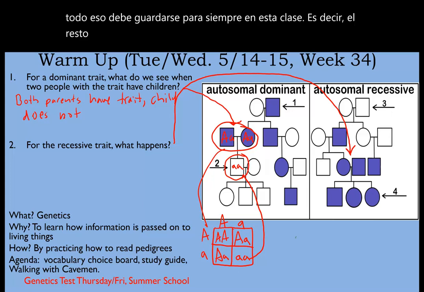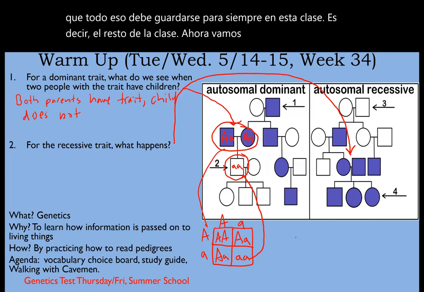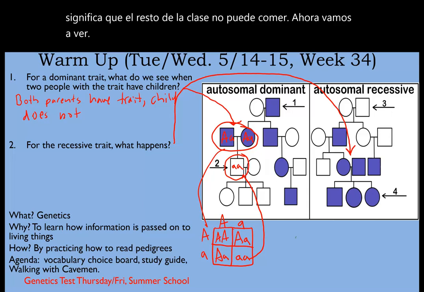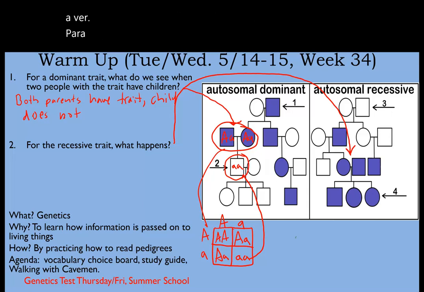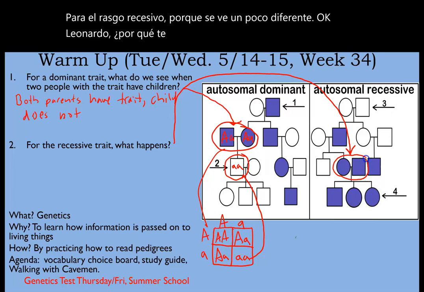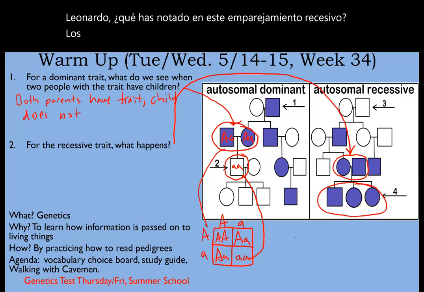No eating. Now, let's look at the recessive trait, because it looks a little different. Okay, Leonardo, what did you notice for this recessive pairing? Parents versus kids.